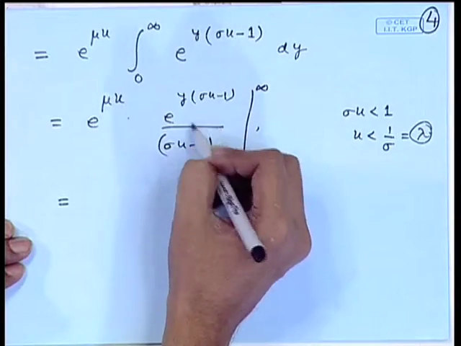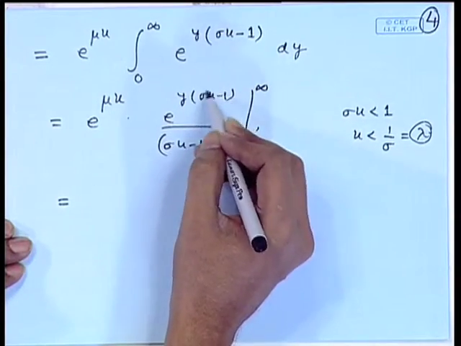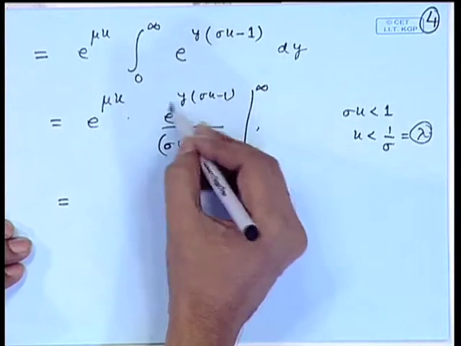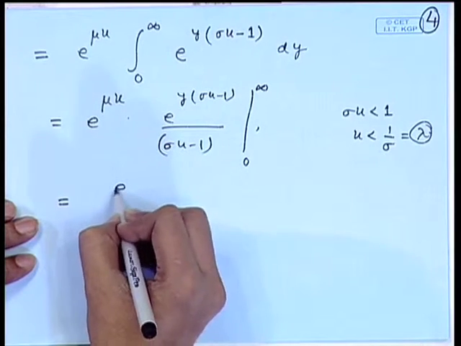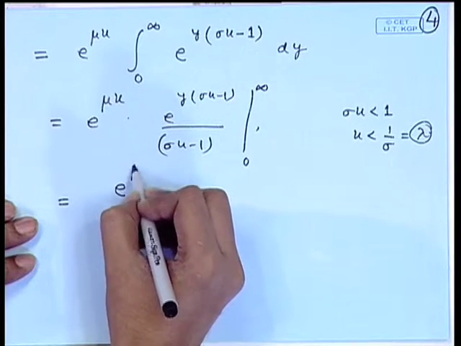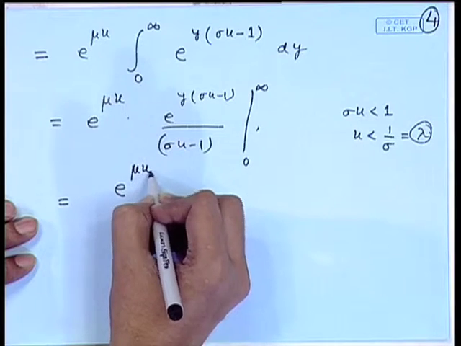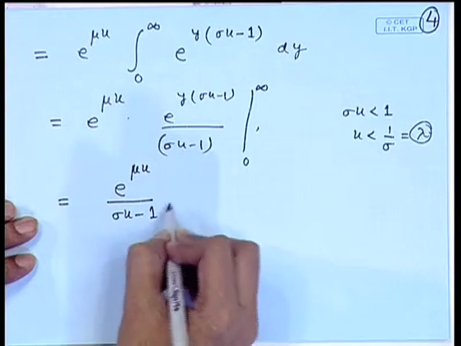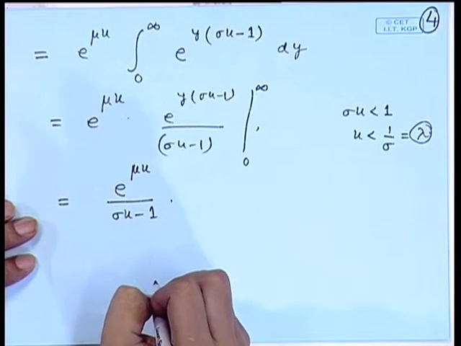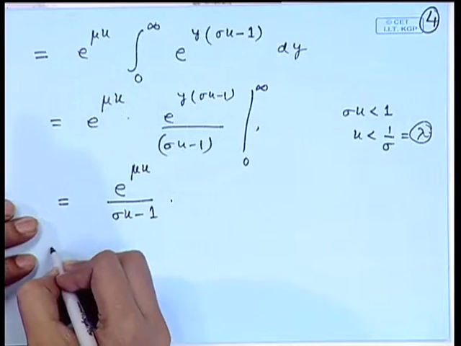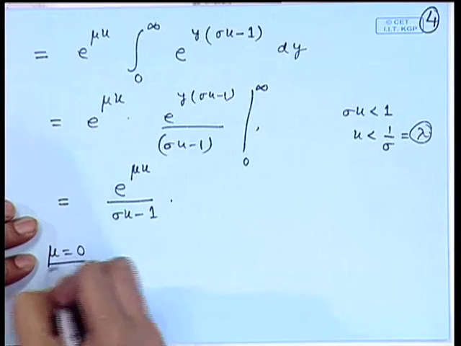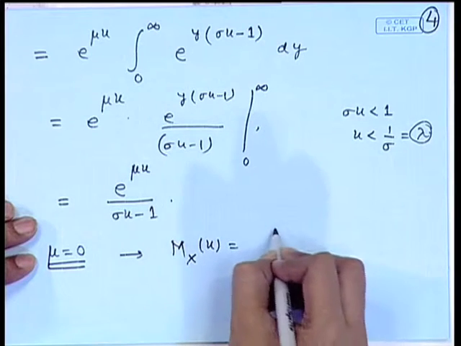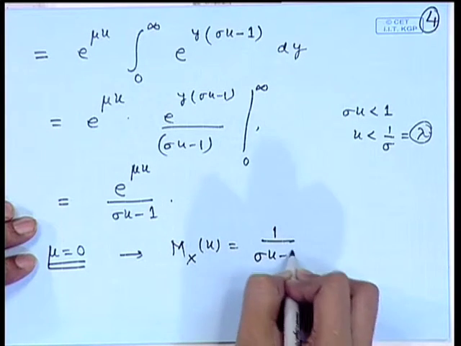So, at infinity this becomes 0 because I am taking sigma u to be less than 1, and at 0 this becomes 1. So, you are getting e to the power mu u divided by (sigma u minus 1). In particular, if we had taken mu equal to 0, then this M_x(u) would have been 1 by (sigma u minus 1).